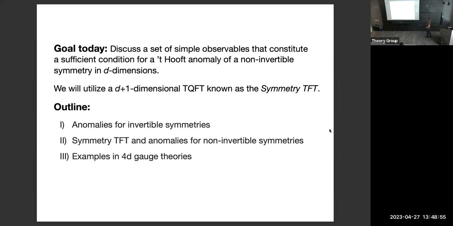And then I'd like to give some set of examples in four-dimensional gauge theories where we can throw this test at it and see anomalous non-invertible symmetries. So I'm especially interested in this higher dimensional case where much less is understood so far about these non-invertible symmetries. So are there any questions before I continue?